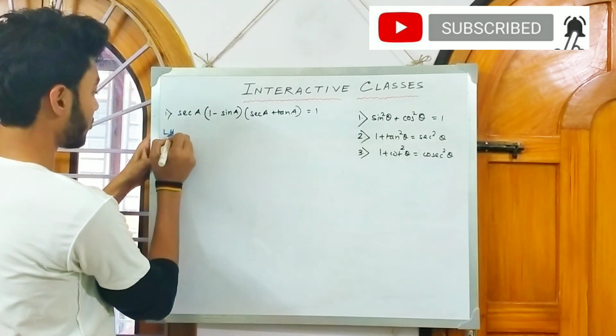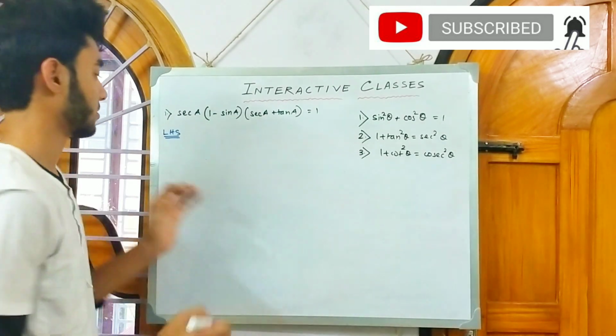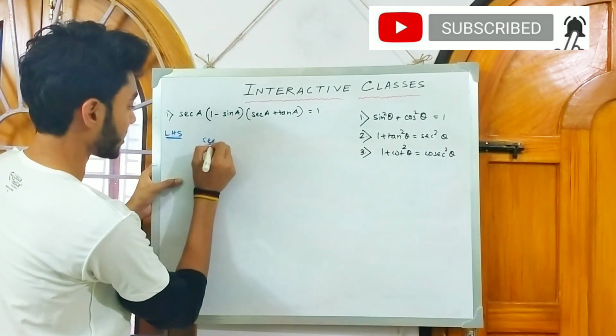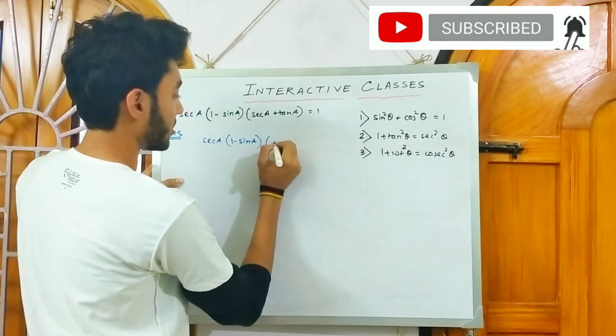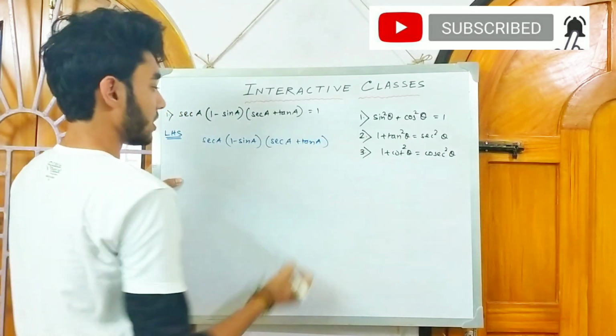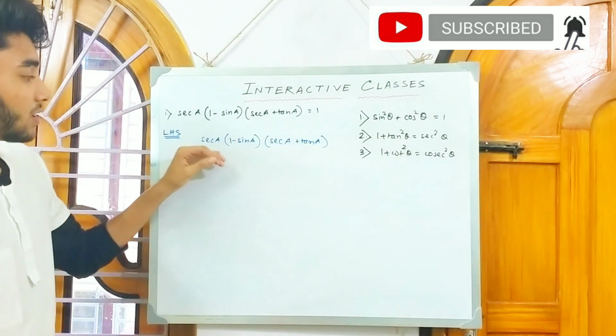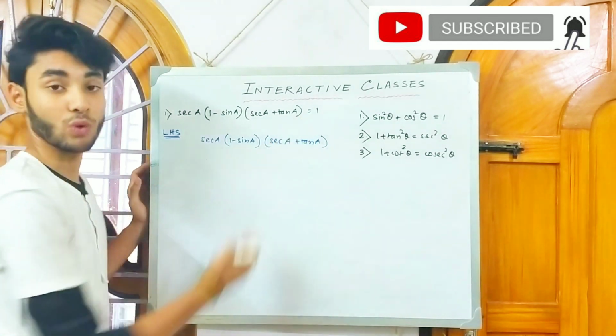We will solve it by LHS. So LHS here is sec a (1 minus sin a)(sec a plus tan a). Now how can we reduce it to 1?